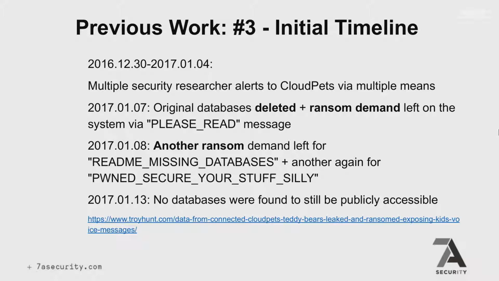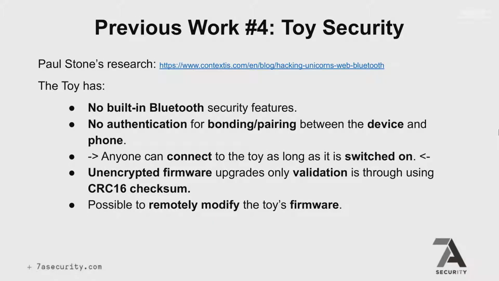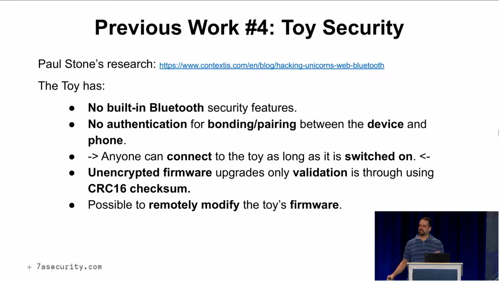He tried several ways to contact them, and they didn't reply. And then after that, they got the ransom from the real bad guys, right? And then another ransom afterwards. And then on the 13th of January 2017, they removed the database from the internet, right? So that's the server side of the story.